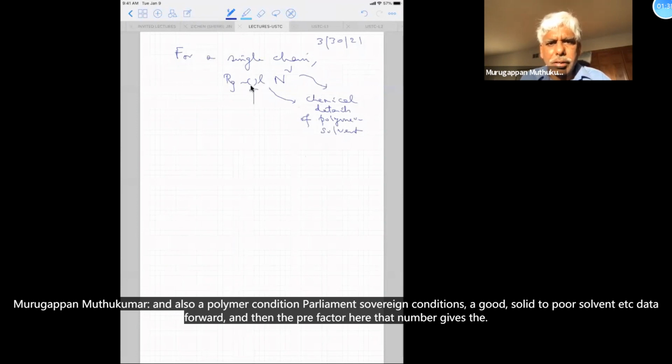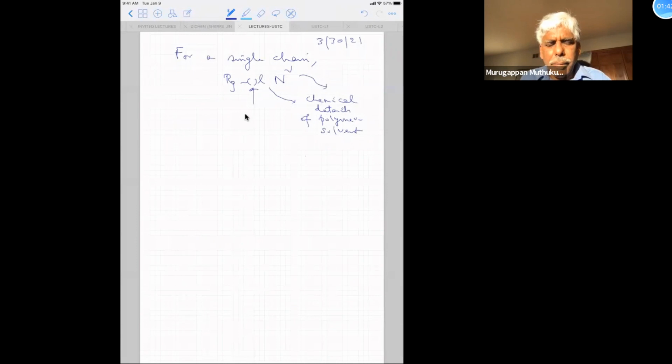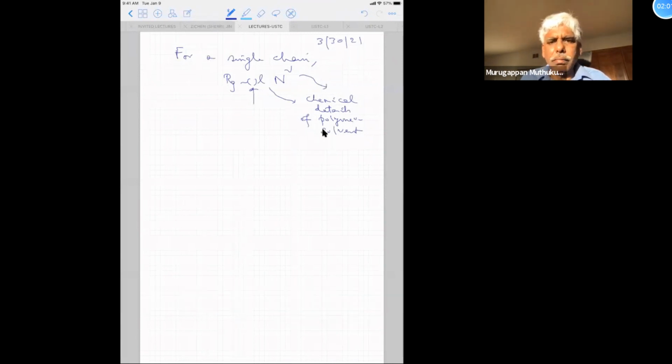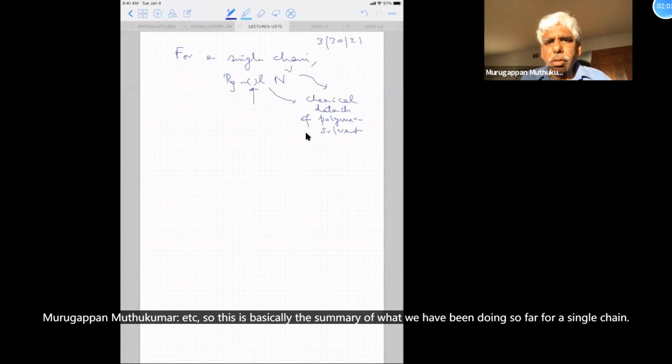The prefactor gives the proportionality between radius of gyration and the molecular weight power, in terms of various parameters of this description of polymer and solvent, like excluded volume parameter, three-body interaction term, persistence length, etc. So this is basically the summary of what we have been doing so far for a single chain.